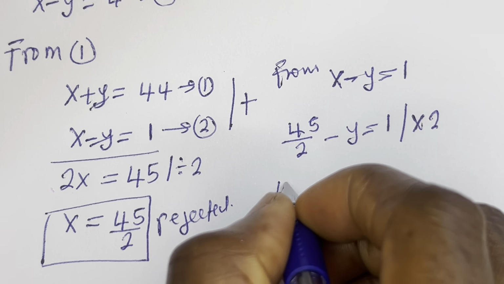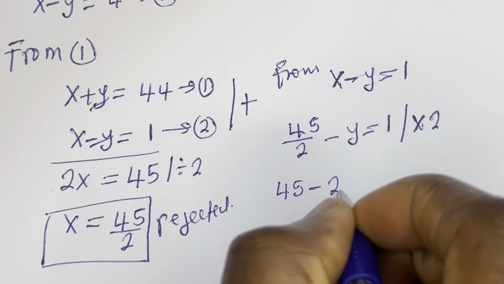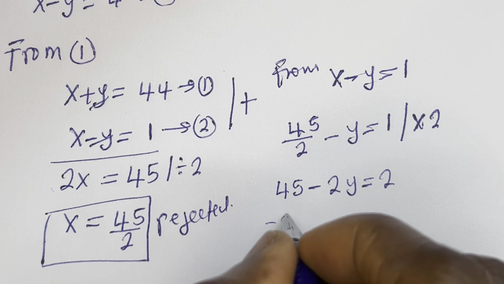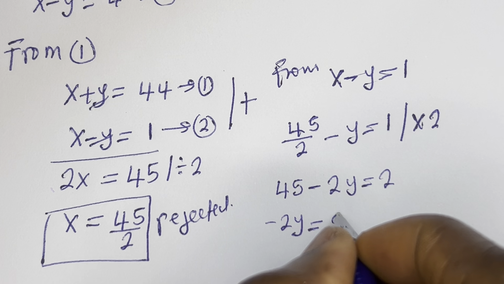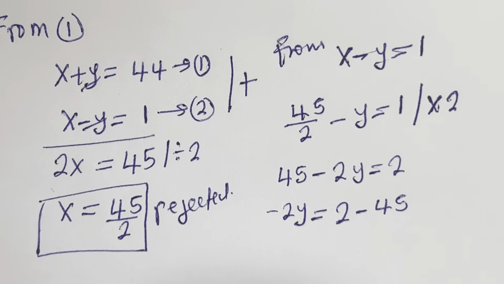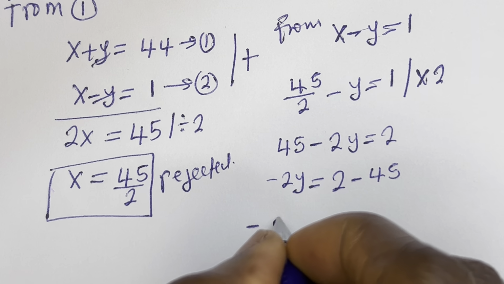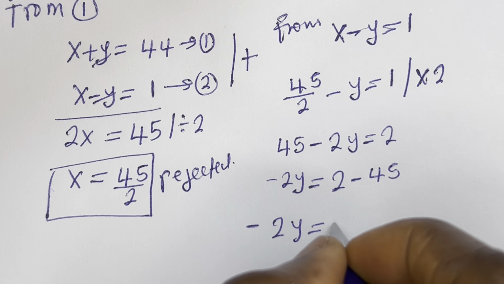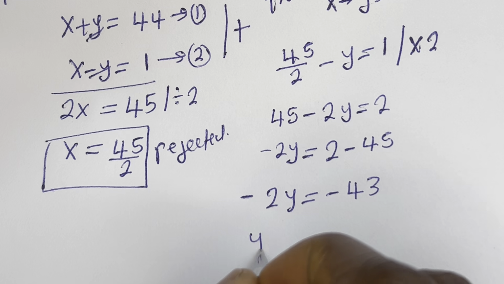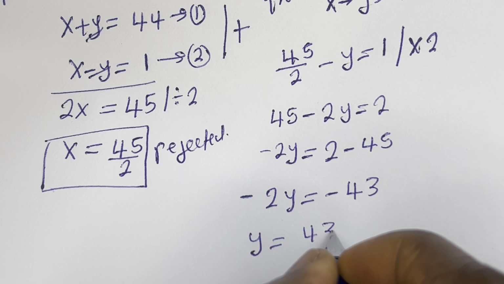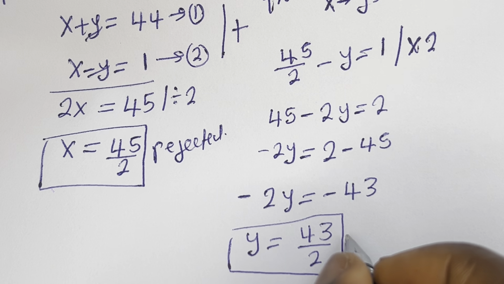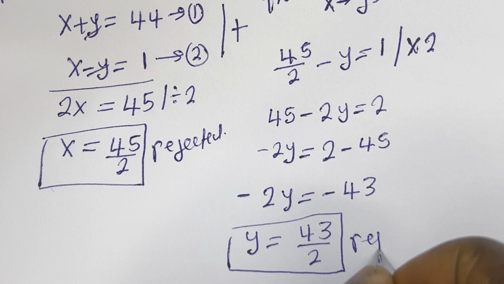Here we have 45 minus 2y is equal to 2. Then minus 2y is equal to 2 minus 45. Now minus 2y is equal to minus 43. y is equal to 43 divided by 2. This is the value of y, and this is not a natural number. It is rejected.